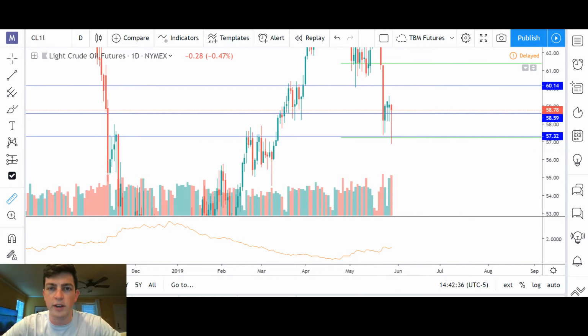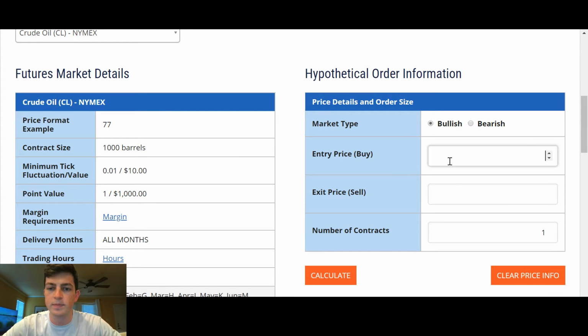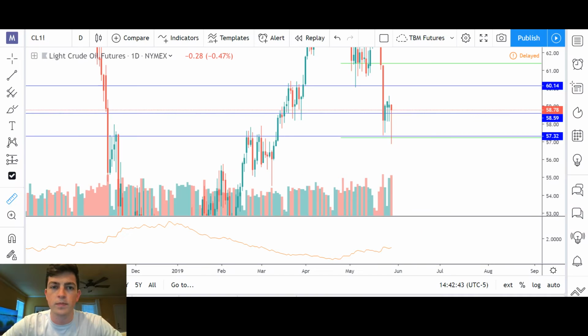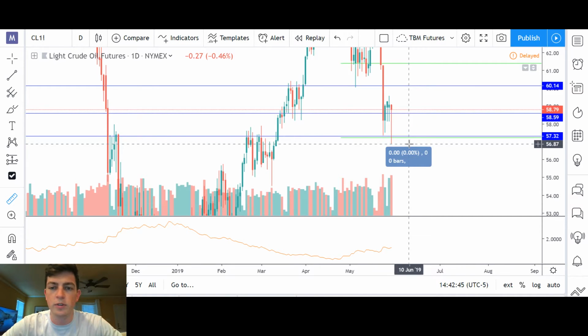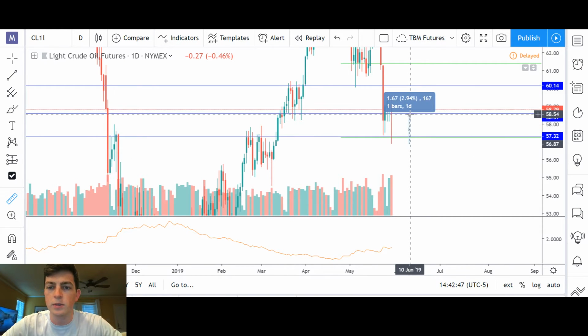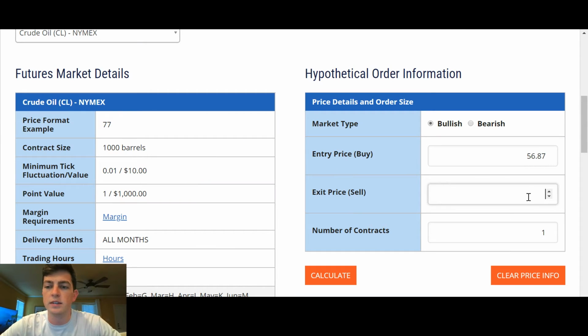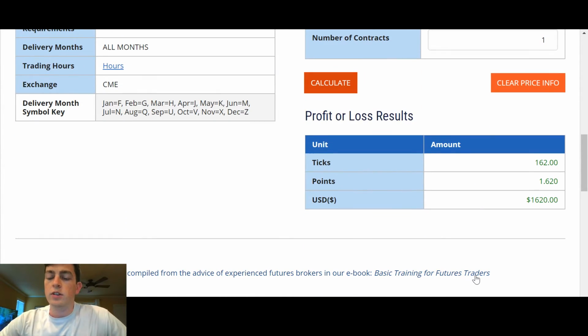So let's just say I bought in at 56.87 and I rode it all the way up to $1.62. And again, I'm using $1.62 because that's what our ATR average is, right? Average true range. $1.62 is 58.49. Calculate.